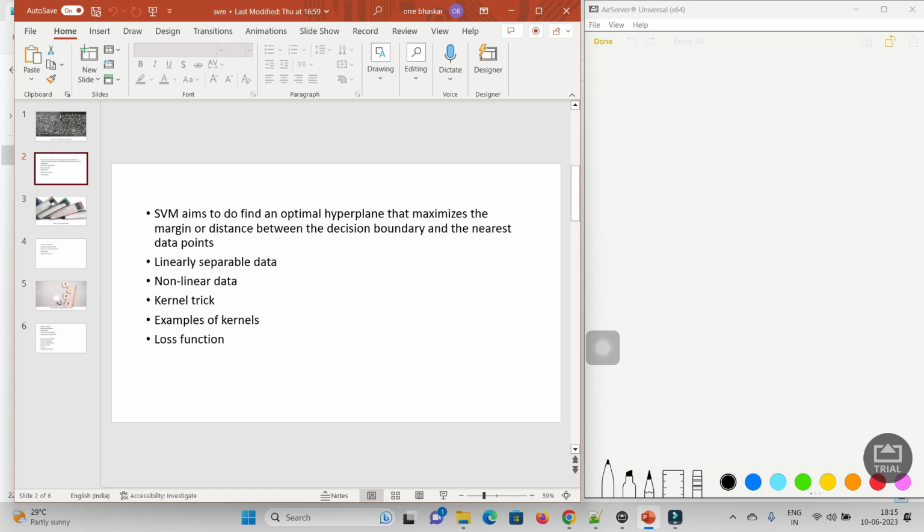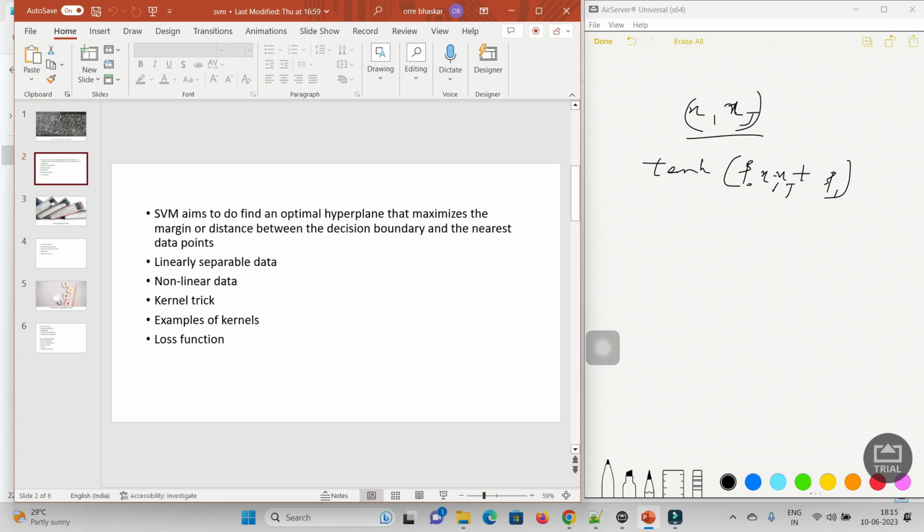Examples of kernels. They can be a linear kernel, which is xi and xj. That means we're just simply leaving the dot product as it is. They can be a sigmoid kernel, like tanh of beta naught xi xj plus beta 1.